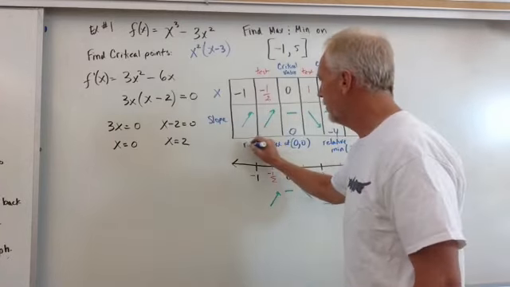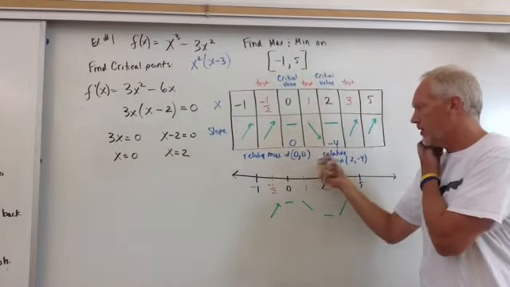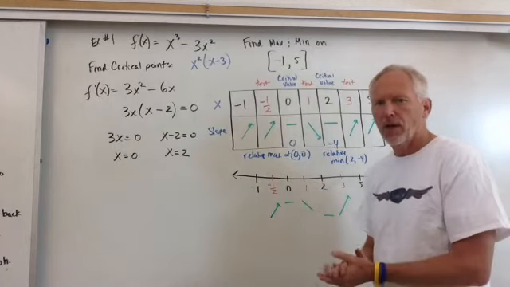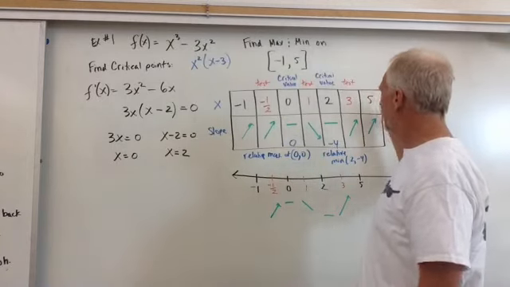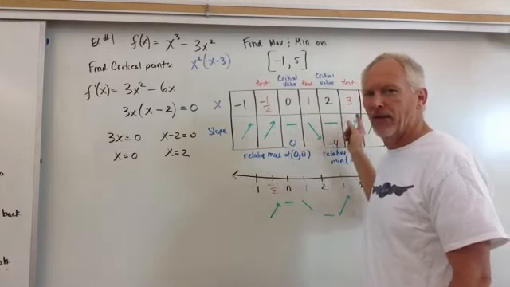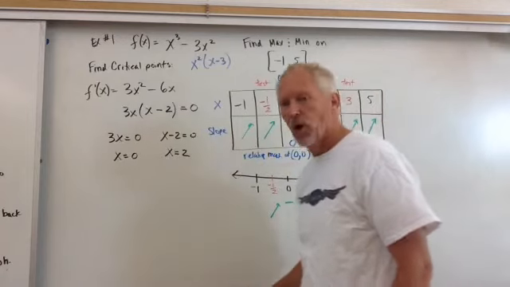So a relative max at 0, 0, and a relative min at 2, negative 4. Absolute min, we could figure out what that x value is, and an absolute max at 5, and an absolute min at negative 1.